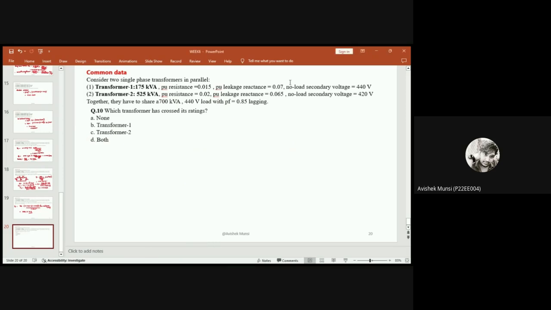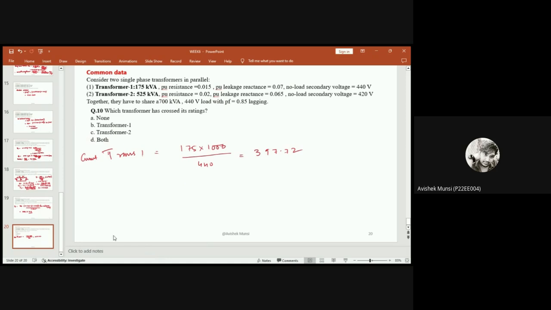Fine. So let me solve this one. So you have to check the cross rating, right? So for transformer one, you have to calculate the rated current. The rated current, if you solve it, is 397.72.